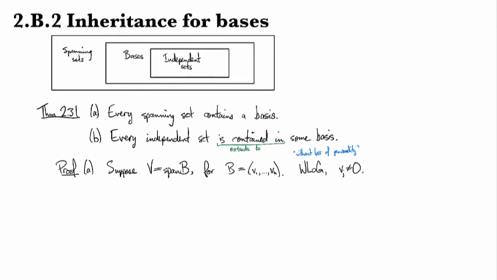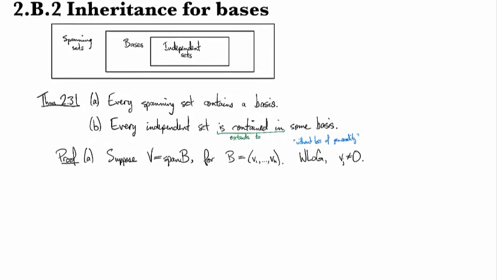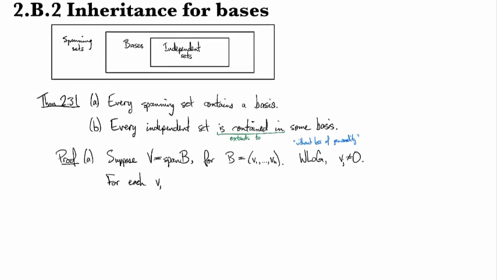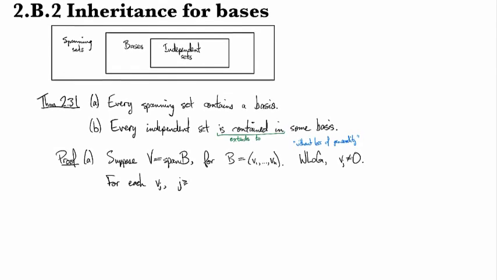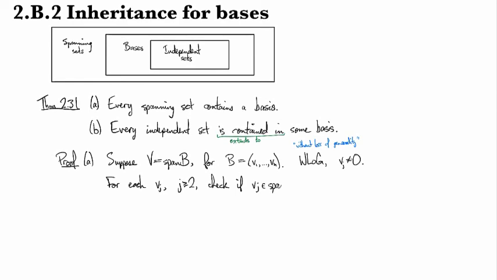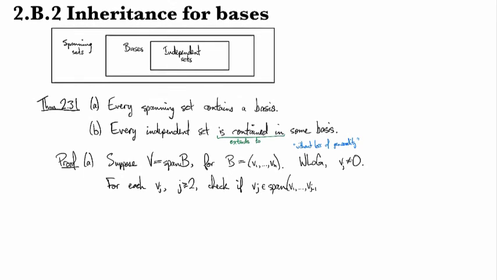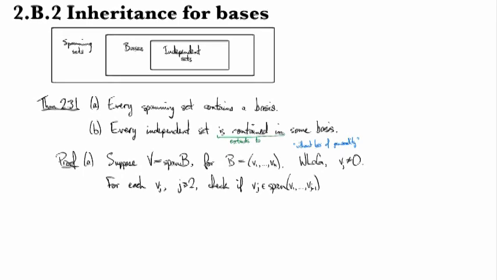Okay, so now this proof is going to proceed by a process, kind of an algorithm. So what we're going to do is we're going to say for each V in the list, so starting at the second one, we're going to check if Vj is in the span of V1 to Vj minus 1, the previous items from the list.